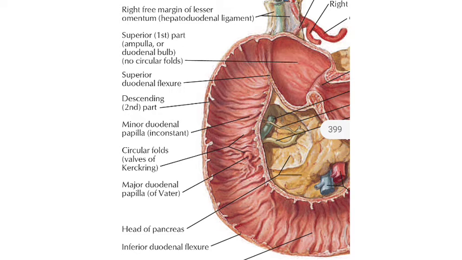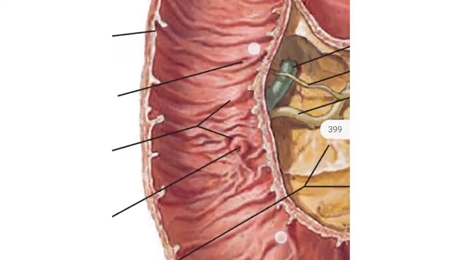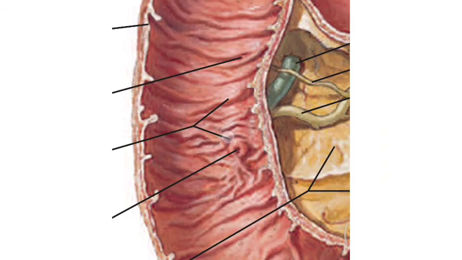Then you have other features also in the second part. They are the plica semicircularis and plica longitudinalis. The plica semicircularis means they are here. It arches above the major duodenal papilla and resembles a monk's hood.